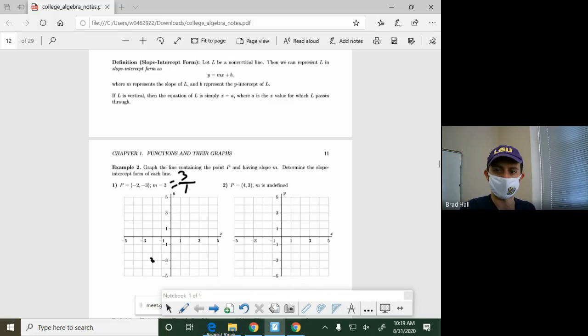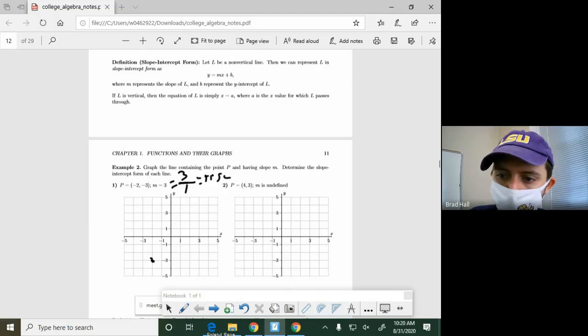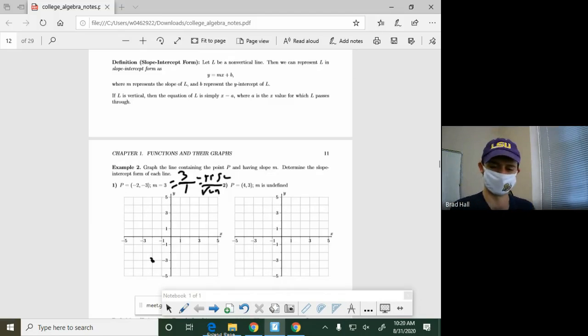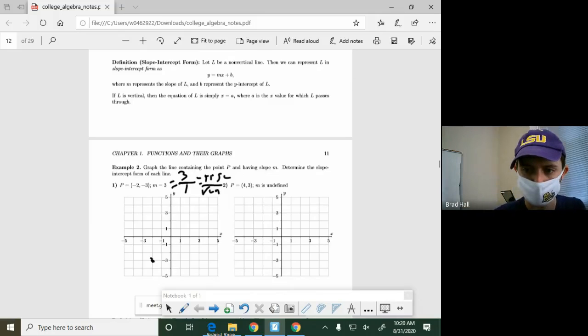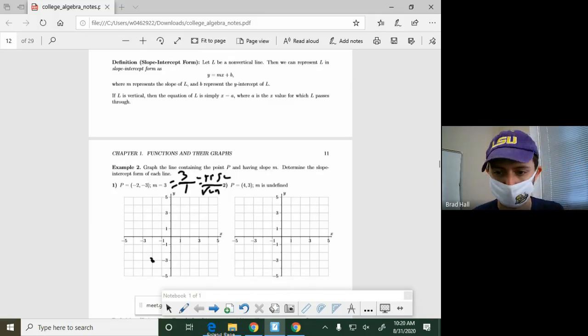So from the point that we just plotted, we rise 3, which means we go up 3. So 1, 2, 3, and we go to the right once. Right there.